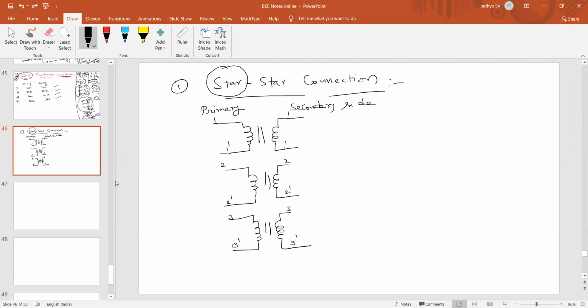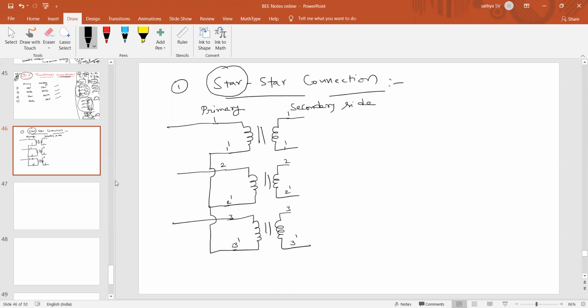See here, one dash, two dash, three dash, all similar ends. You can connect your supply to all the first ends and join the second ends. Or else you can join 1, 2, 3 and give the supply to 1 dash, 2 dash, 3 dash, but it should have the polarity difference.